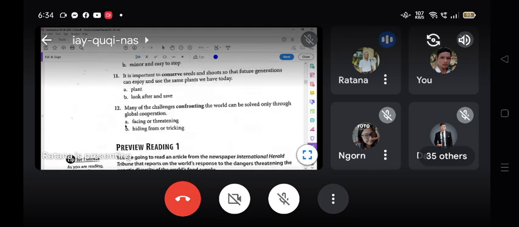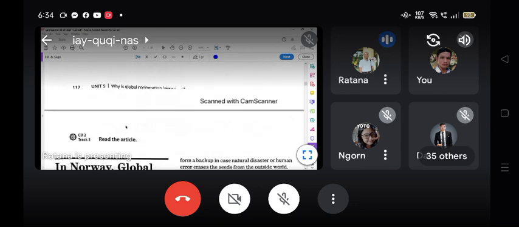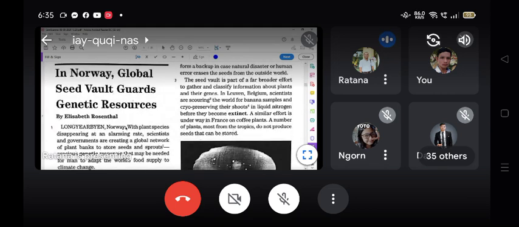So when you read, you can use the technique: you highlight, you underline, or you put a question mark on the margin of the text, so it is easy for you to remember.